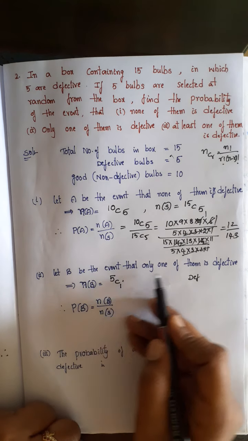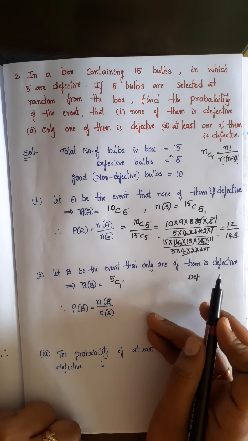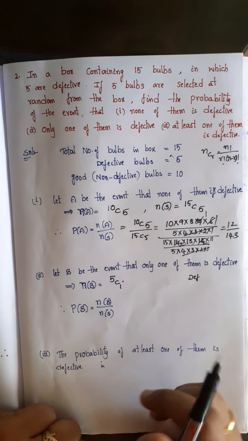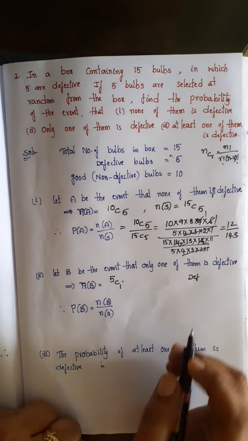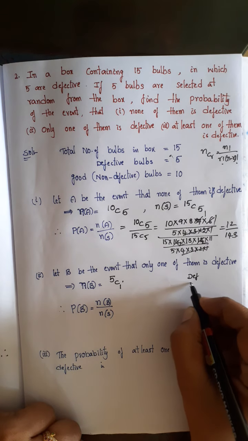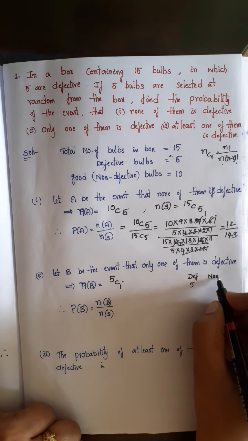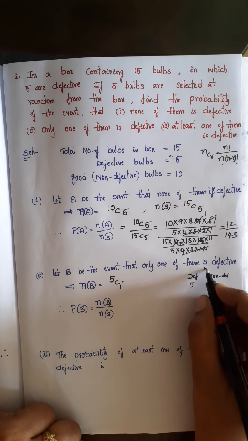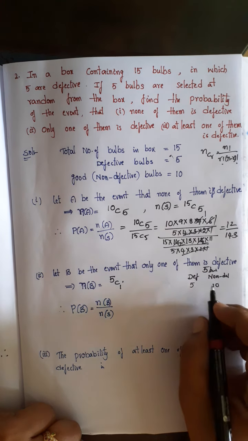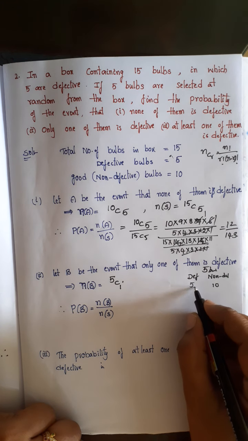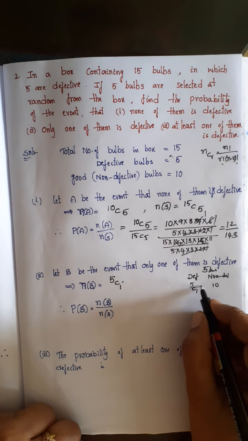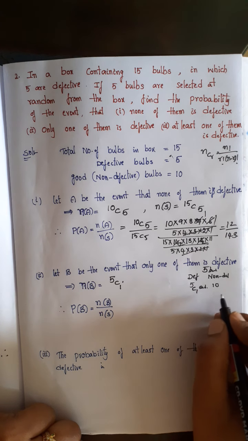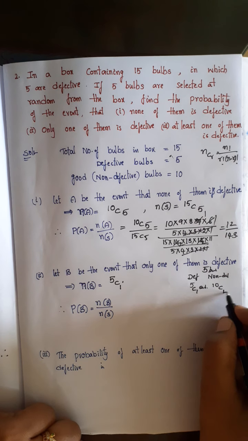Let B be the event that only one of them is defective. Only one we have to select as defective. So defective 5 we have, and non-defective, that is good bulbs, we have 10. Actually we are selecting 5 bulbs randomly. So that means one bulb from these 5, 5C1, and what we have to consider here, 10C4.